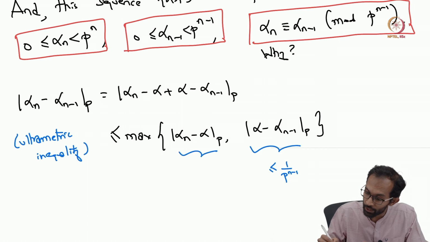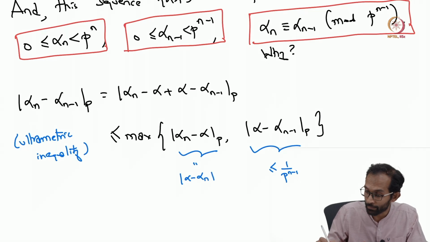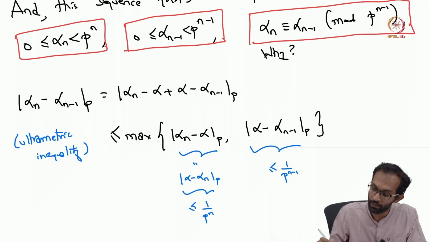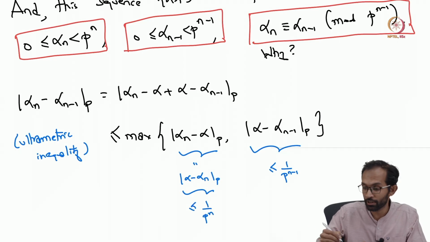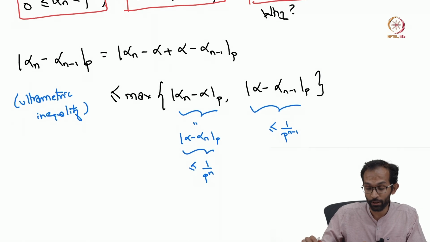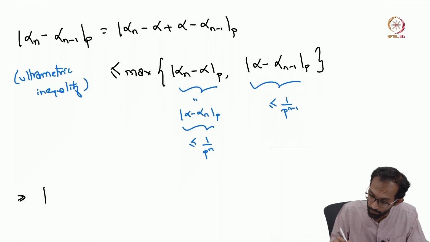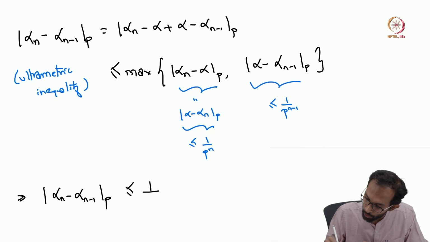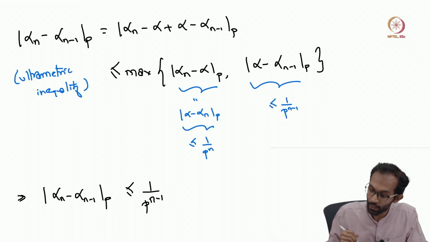And the first quantity, the difference of alpha and alpha_n in p-adic absolute value, we know is less than or equal to 1 over p to the n. And so the maximum of these two quantities is 1 over p to the n minus 1. So we have that alpha_n minus alpha_{n-1} in p-adic absolute value is less than 1 over p to the n minus 1.